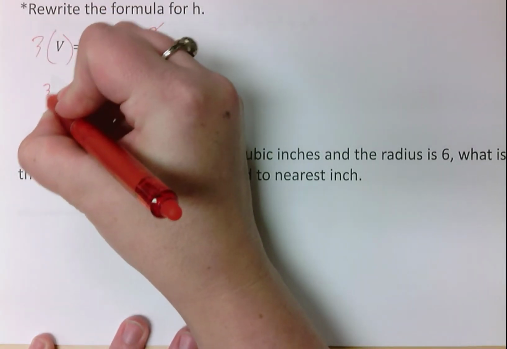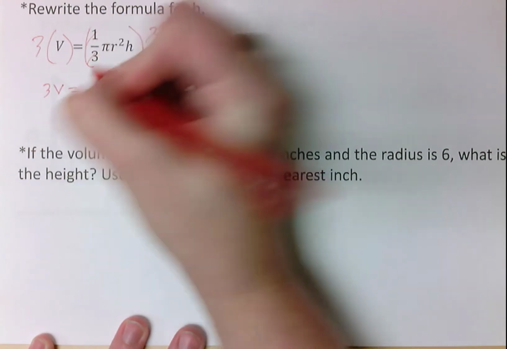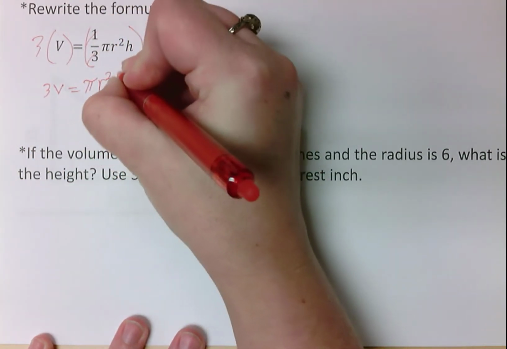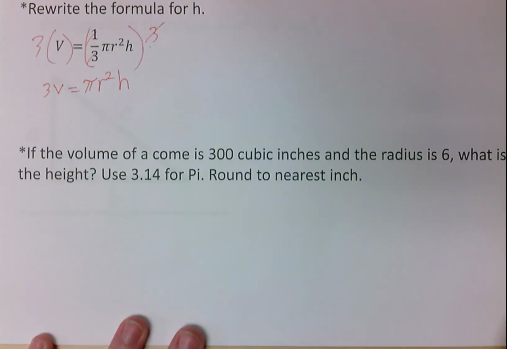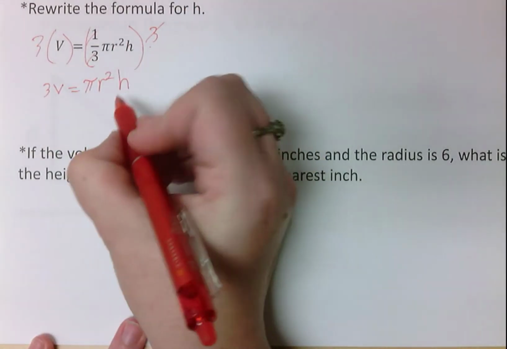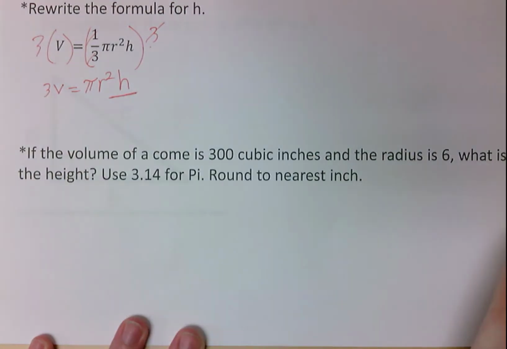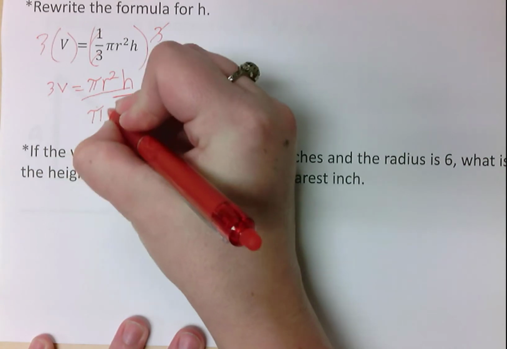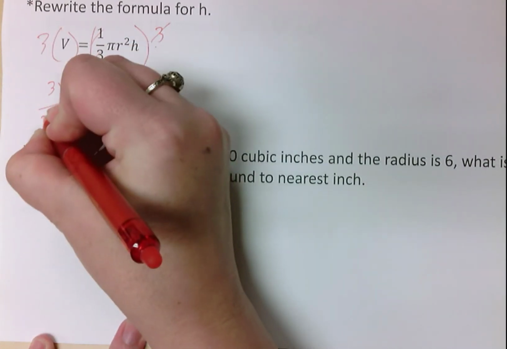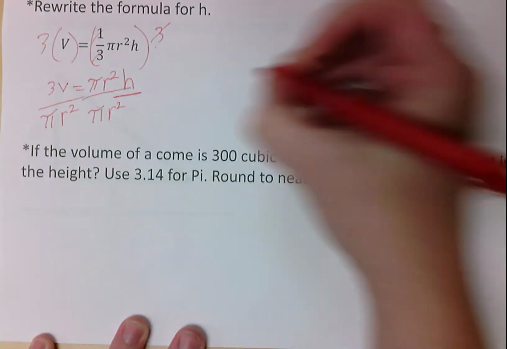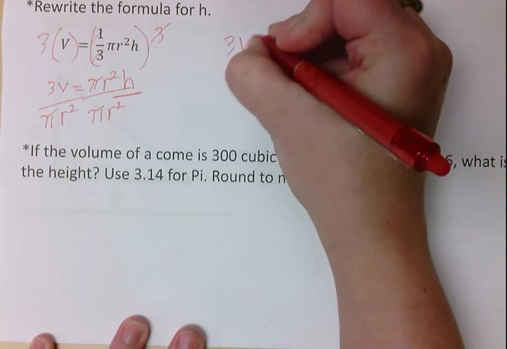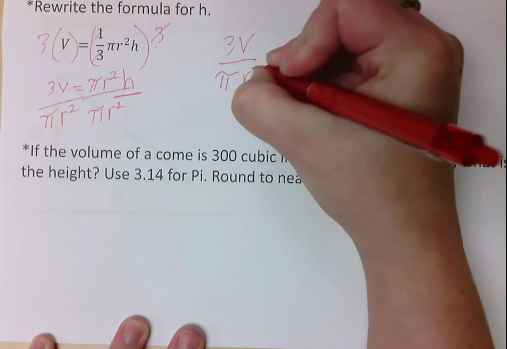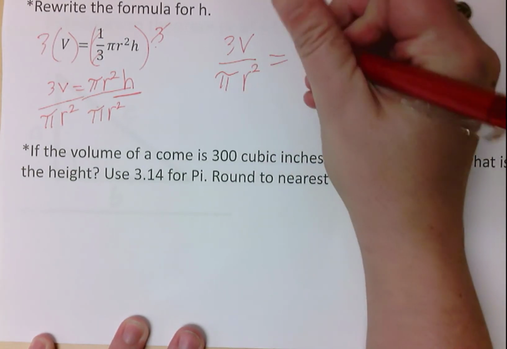And I get 3v is equal to, well, what am I left with over here? Pi r squared times the height. Now, wanting to solve for h, I can divide both sides by pi r squared. So we get 3 times v divided by pi r squared is equal to my height.